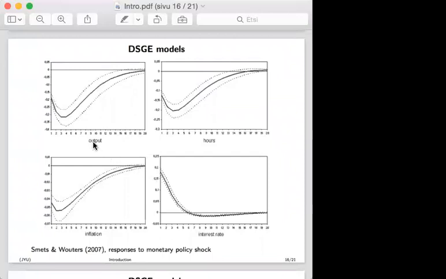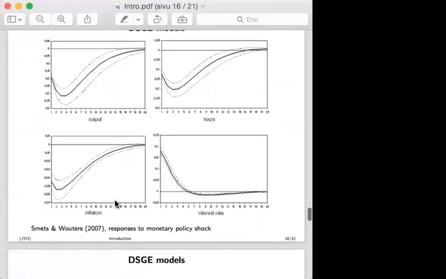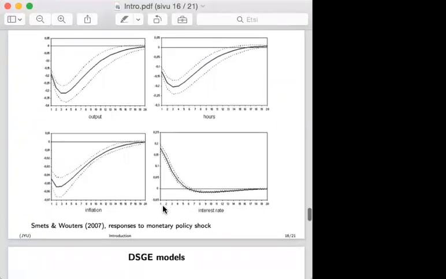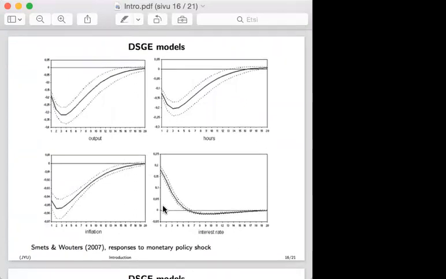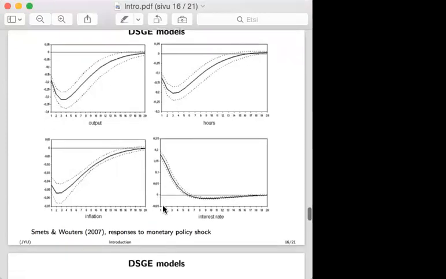And the output responds negatively because there is less aggregate demand. Hours respond negatively too. And then firms respond to this by lowering their prices. So one can analyze how large the effects are from monetary policy to the real economy through this kind of model.